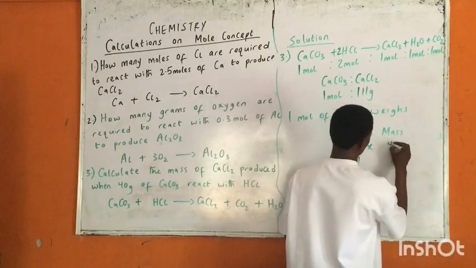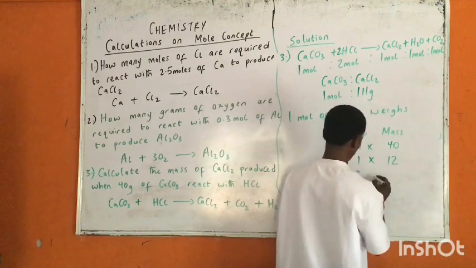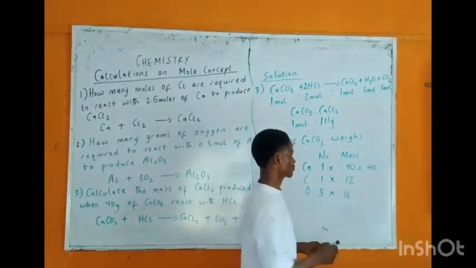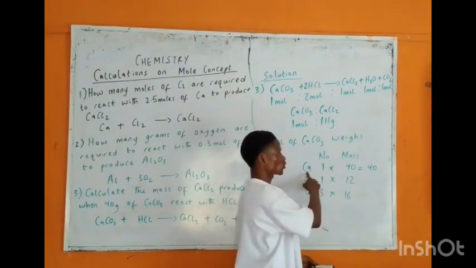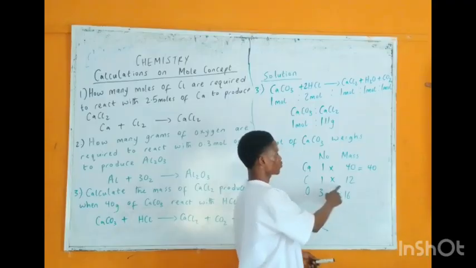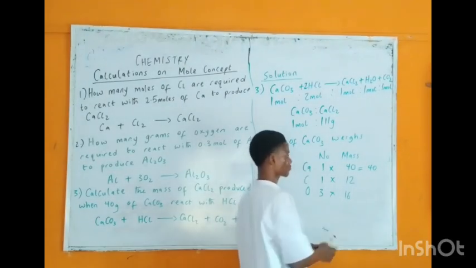Calcium mass is 40. Carbon, mass is 12. Oxygen, mass is 16.